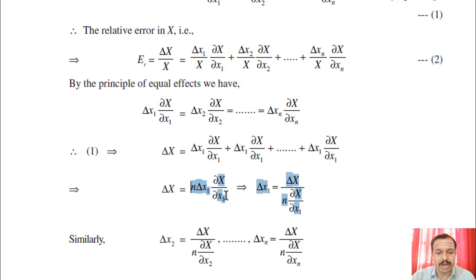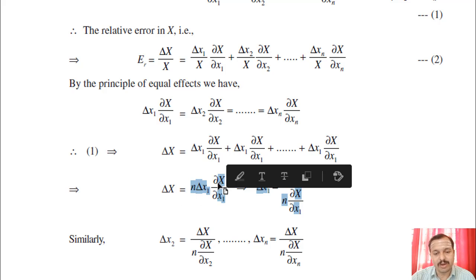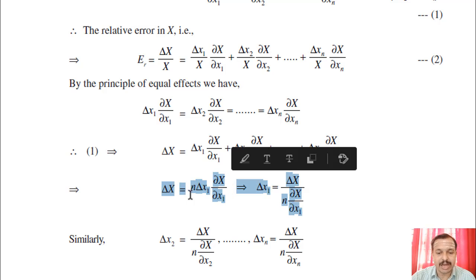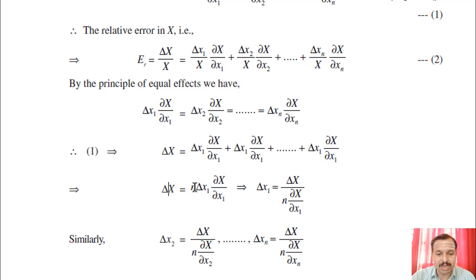Delta x is equal to n times of the first term, or you can say that n times of the second term, or you can say that n times of the nth term, no problem. So we are considering delta x equal to n times of delta small x1, partial derivative of capital X with respect to small x1, that we have used here.